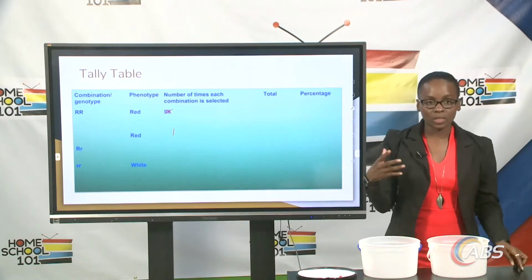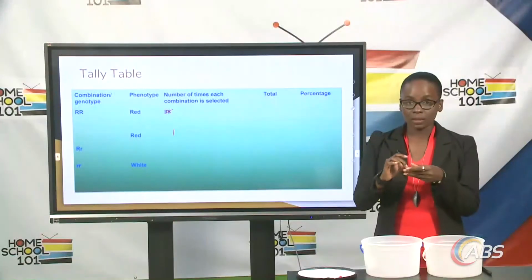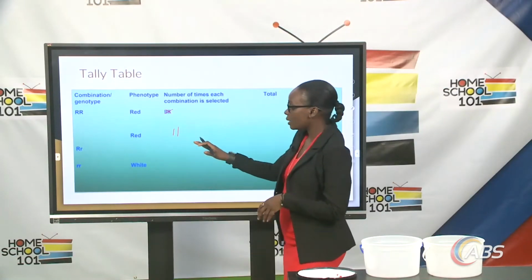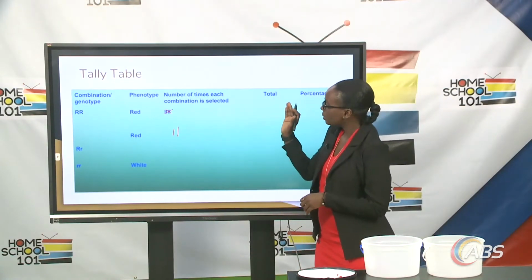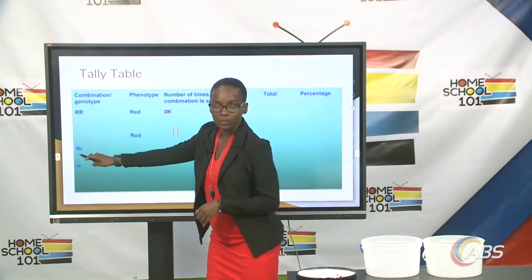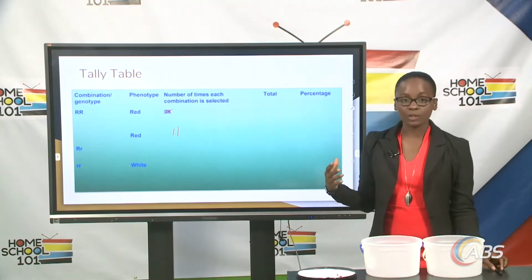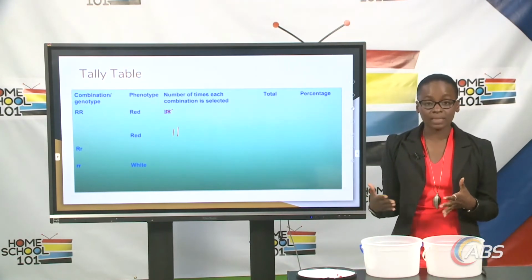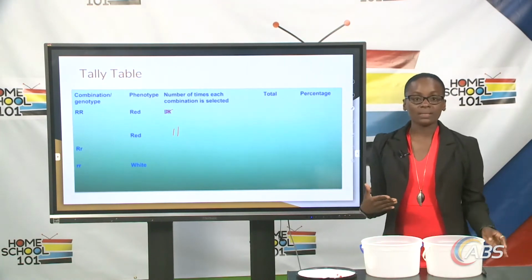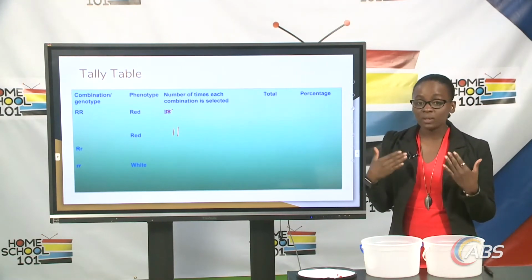Now I'm going to do another shuffle. And that's red and white. And remember, this red and white, which would be the heterozygous genotype, is the one that is going to have the two letters that are different because it's hetero, and they are going to have one of the dominant alleles, which would be represented in the actual phenotype of the individual.